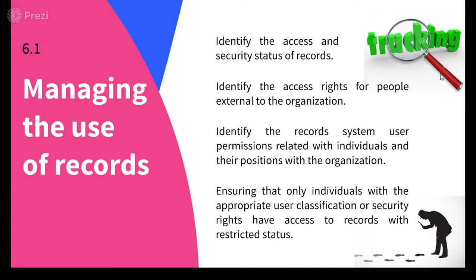Number 3, identify the record system user permissions related to individuals and their positions within the organization. And the last one, ensure that only individuals with the appropriate user classification or security rights have access to records with restricted status.